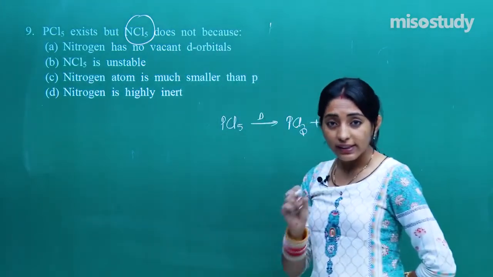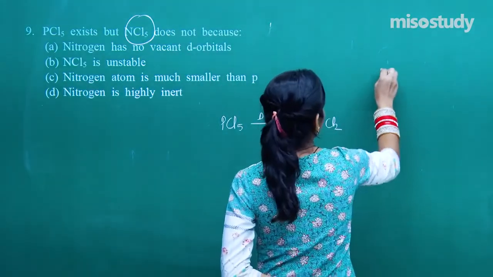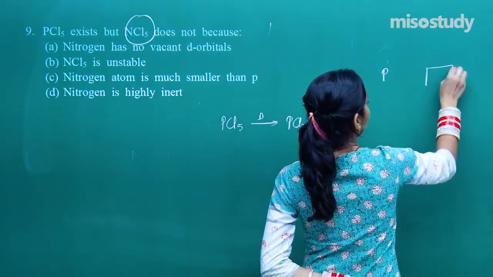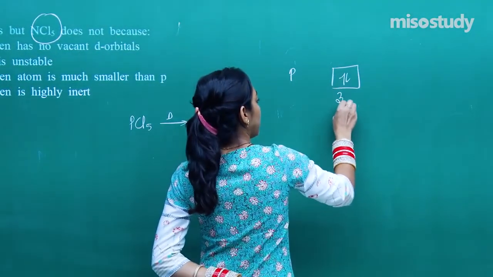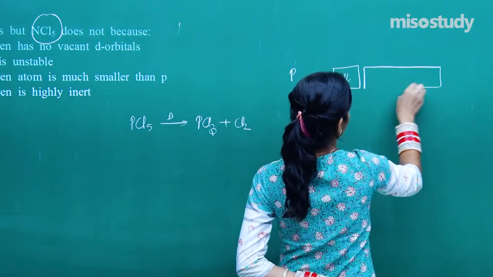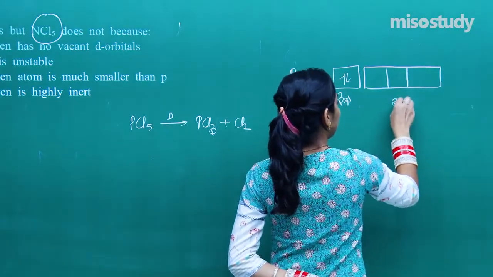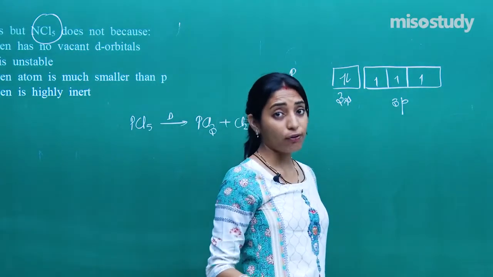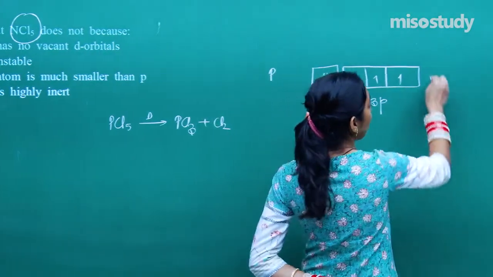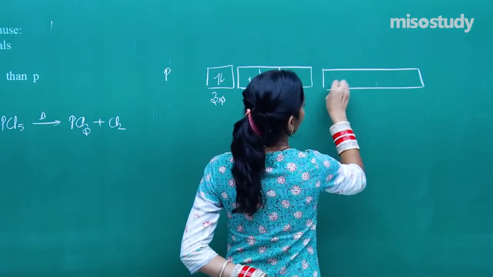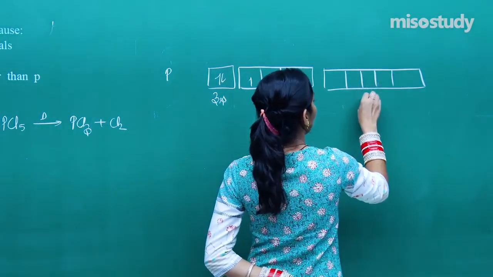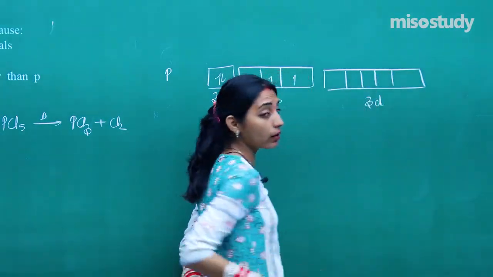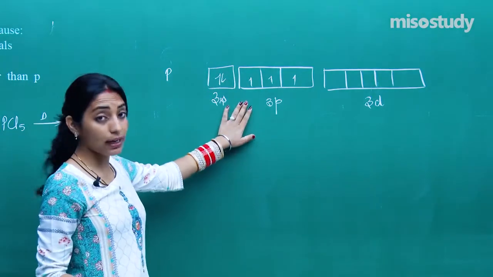Why? See, while we were talking about phosphorus, I said that phosphorus is 3s2 3p3. And then you remember what I said? I said that phosphorus has to form a total of 5 bonds. So, 5 bonds were to be formed, so 5 unpaired electrons were required, but phosphorus was having just 3 unpaired electrons.